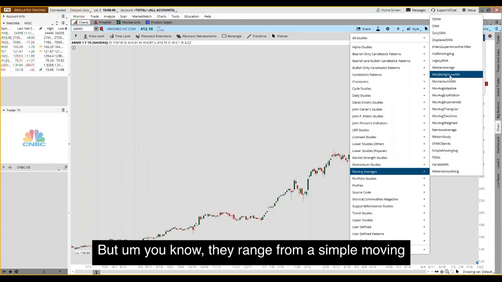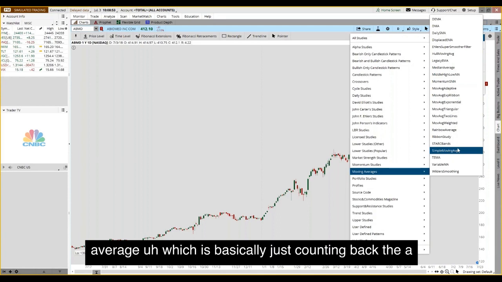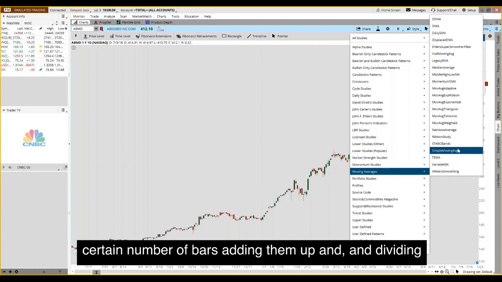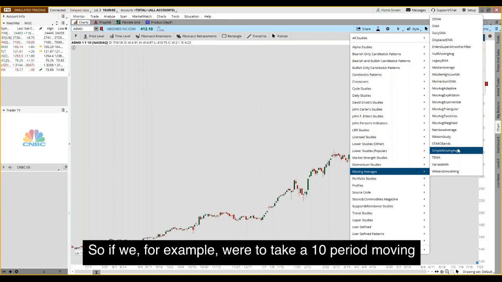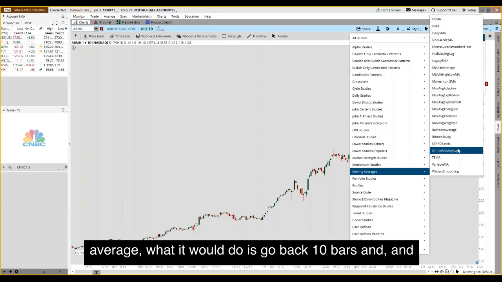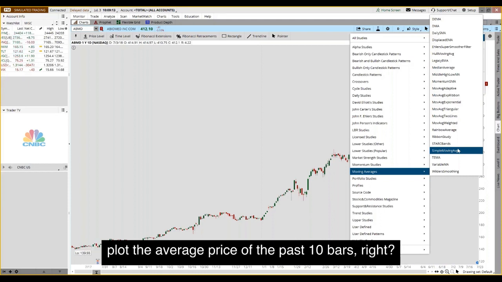They range from a simple moving average, which is basically just counting back a certain number of bars, adding them up, and dividing by that number. So if we, for example, were to take a 10-period moving average, what it would do is go back 10 bars and plot the average price of the past 10 bars, right?